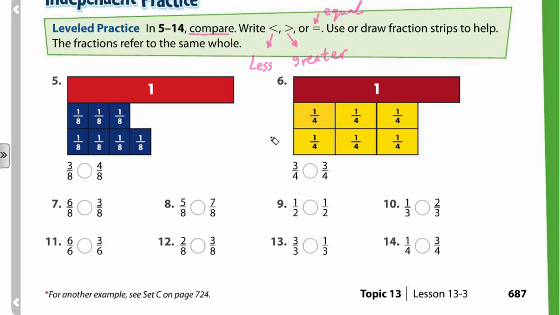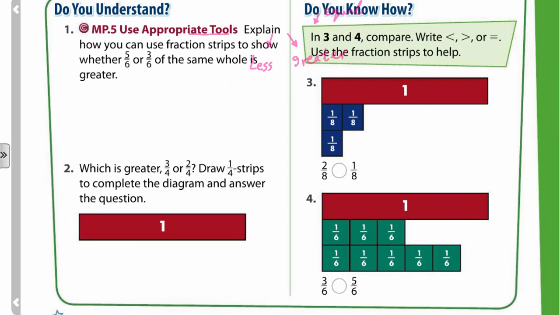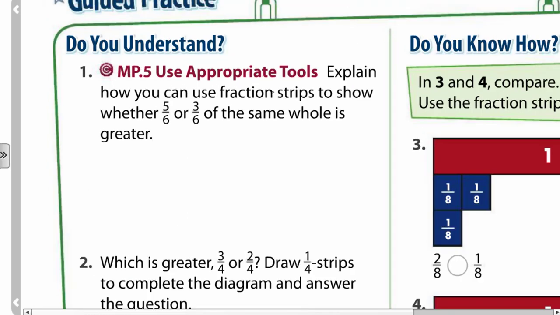Okay, so we will solve this question later, but now I want to move up to write the steps in detail through question number 1 here. So please, my heroes, focus with me. I will solve question number 1. Explain how you can use fraction strips to show whether 5 sixths or 3 sixths of the same whole is greater.